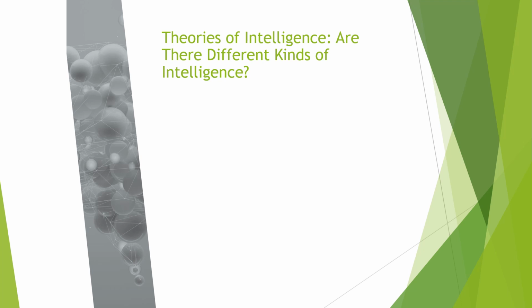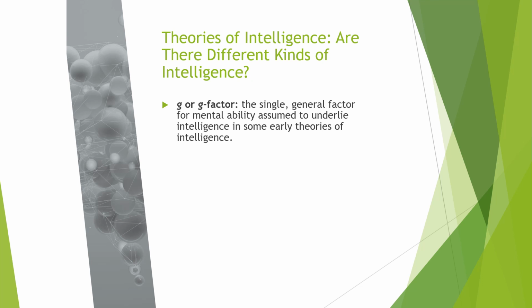All right, so the first type of intelligence, we have what's called a G or G factor. This is a single general factor for mental ability, and it is assumed to underlie intelligence. And this is what we saw in some really early theories of intelligence, that you have this overall general intelligence, that there are no specific types of intelligences.